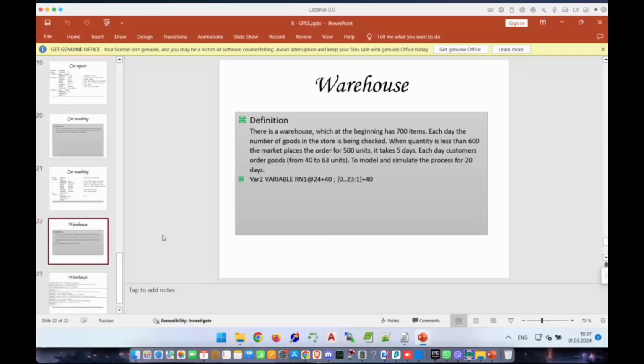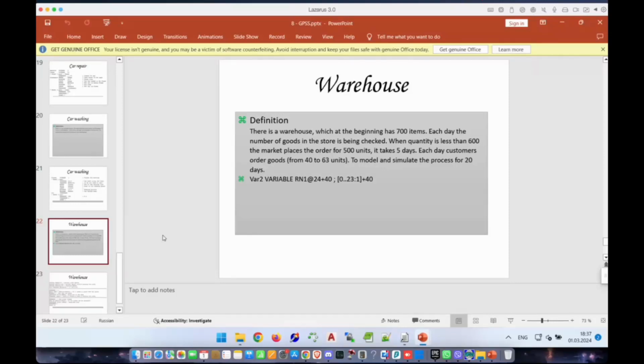Here we have so-called variable data. So please take a look at the definitions. We have a warehouse, and you can imagine it's a shop. In the shop, at the beginning of the simulation, we have 700 items. So 700 products we have there, and daily customers buy from 40 to 63 items.